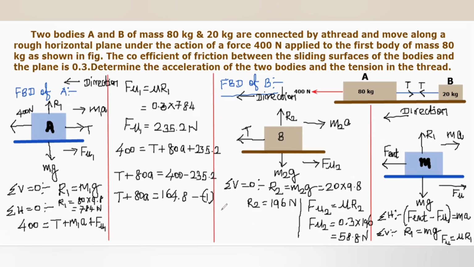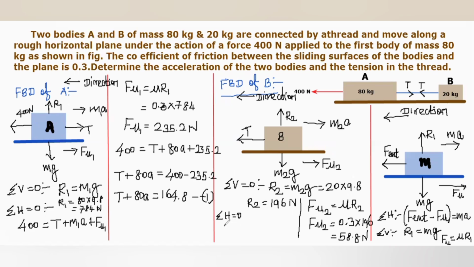Then summation of horizontal forces equal to 0. Here there are three forces. Tension is the only force acting towards the left side in the direction of motion. The other two horizontal forces are the inertia force, numerically equal to the product of mass and acceleration, acting towards the left side, and the frictional force, also acting towards the left side.